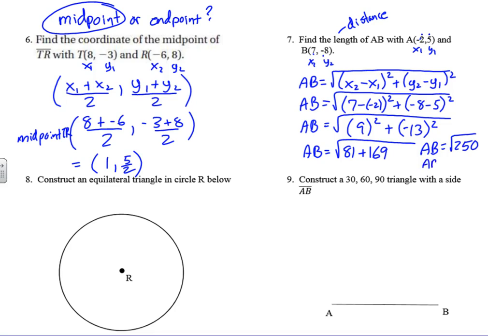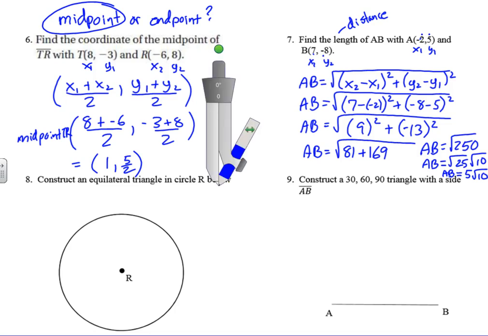If it was simplest radical form, 250 would be 25 times 10. 25 is our perfect square, so we could say that's 5 times the square root of 10. All right, so again, depending on how that question is being asked, would guide that last step with it.